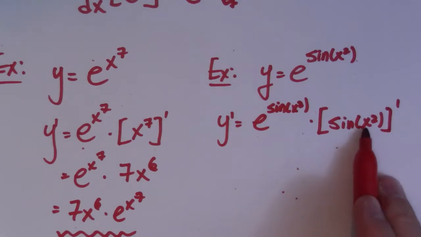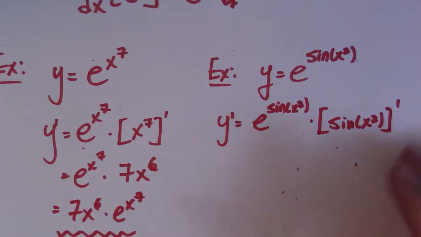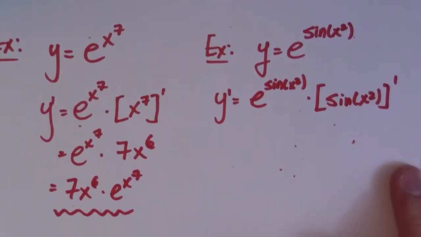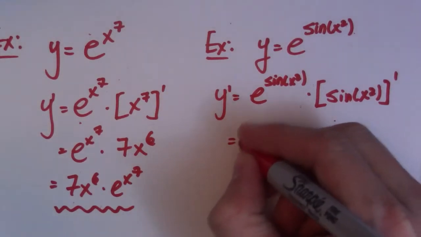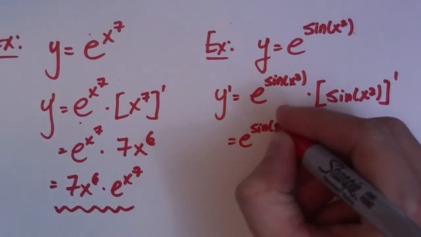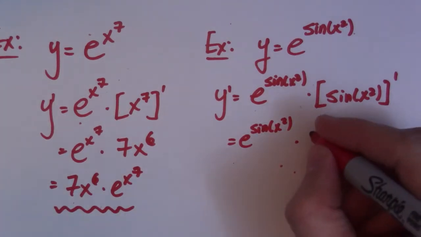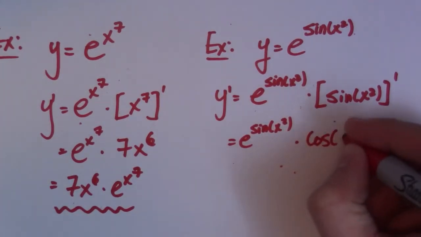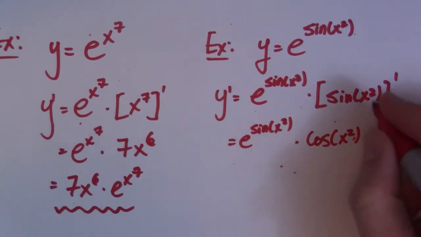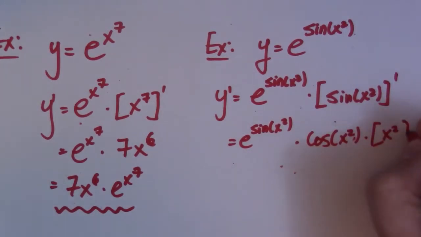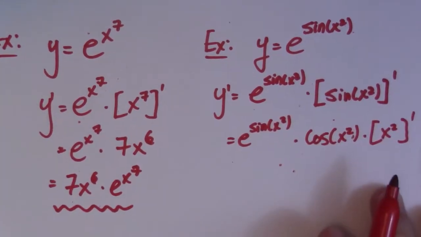Now the thing about this is that it's a chain rule itself. So we go ahead and rewrite again: e to the sine x squared, and the derivative of sine is cos, so it becomes cos of x squared times the derivative of x squared, which again you could have done in this step if you wanted to.